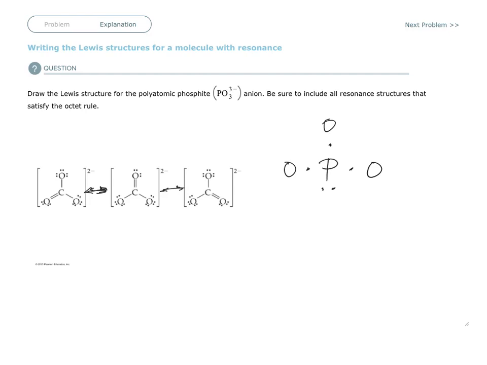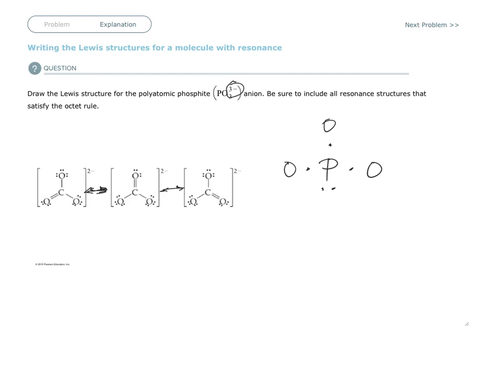I've got 5 for the phosphorus. 6, 6, and 6, 18. That's 19, 20, 21, 22, 23. And then it's a 3 negative, so I have 26. So that's 13 pairs. All right, so I have 13 pairs of electrons.